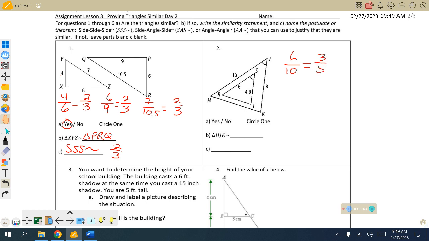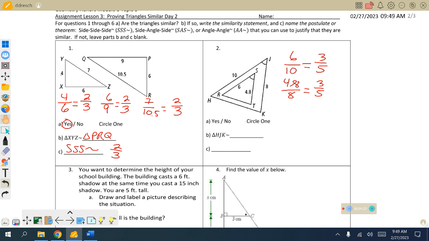And then that 4.8 is the small one, right? Now 4.8 to 8, it's not obvious. So take that calculator. Does that become a 3/5? Again, I don't think that's an obvious. It becomes 3/5, but does it come 3/5? It does. It's 0.6, which is 3/5.